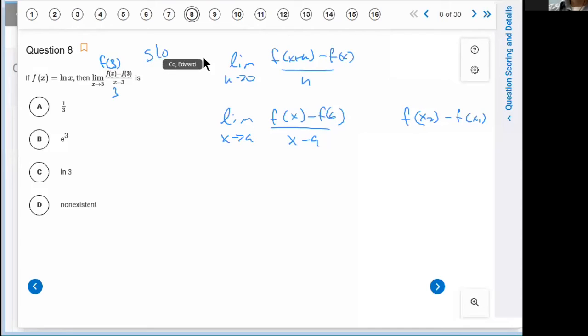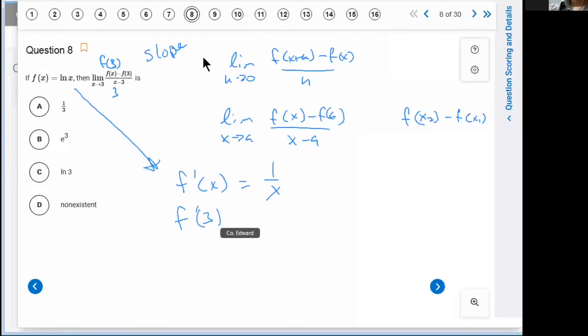And folks, what's a big calculus idea for slope? You remember? That's just the derivative, which is 1 over x. You want to find the derivative at 3. This is why this problem should take you like 30 seconds.